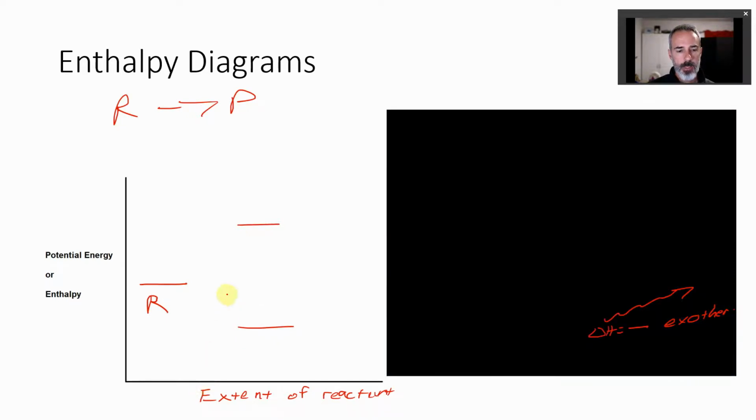Well, if heat is leaving, the products are going to be lower in energy than the reactants, and we draw a reaction coordinate diagram like that. How would we label the delta H? It'd be from the reactants to the products, and our delta H would be negative something. Who knows? 100 kilojoules per mole or something like that.